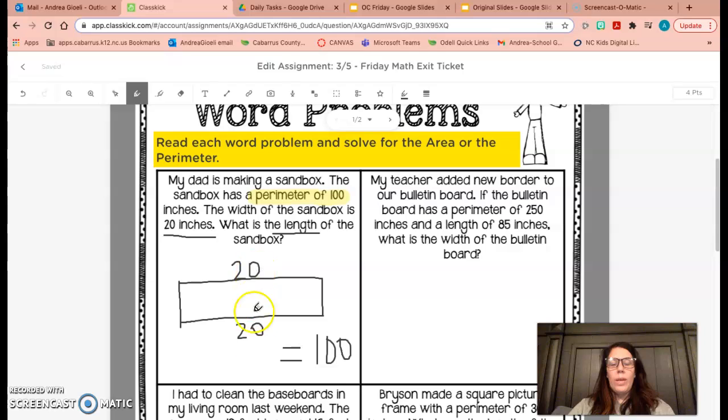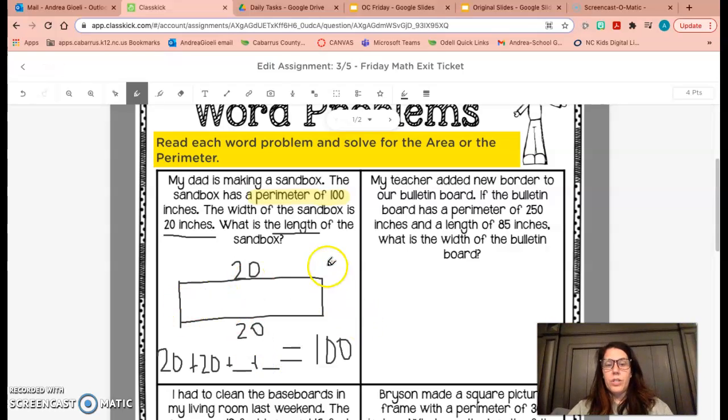So now we add these two up together and we actually have 40, right? So we have 20 plus 20, and now we've got two unknown factors here that we have to figure out for these sides. So let's figure out first what we have already used.